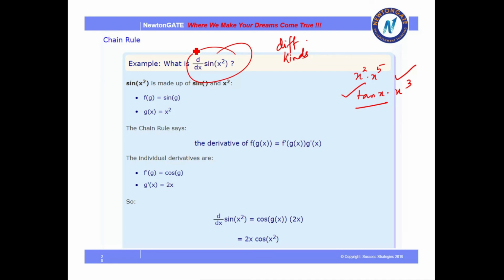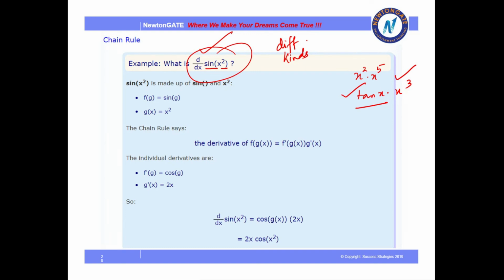In this case, there are two different kinds of function, but one is a composite function of the other. Okay. So we have a trigonometric function as well as an algebraic function. So here we have two functions, but the difference is they are not in product, they are composite functions. So in terms of composite functions, we apply the chain rule.